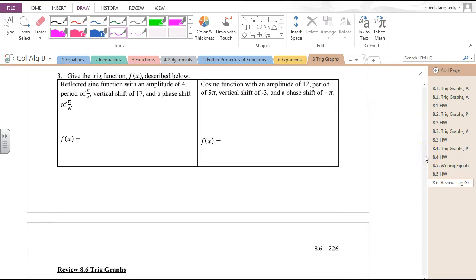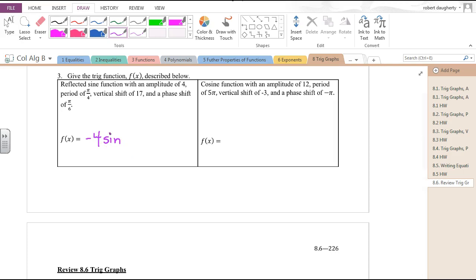Give a trig function that is described below. A reflected sine function with an amplitude of 4. That's what the amplitude of 4, that's the reflection. So negative 4 sine. It has a period of pi over 4.